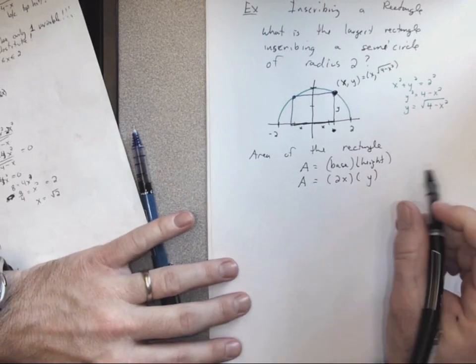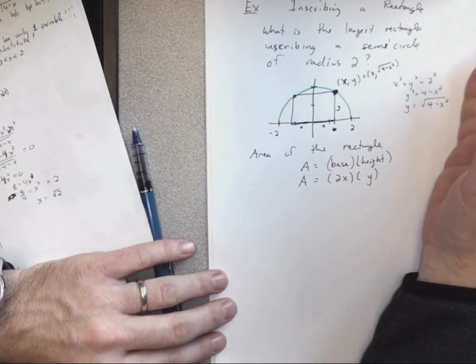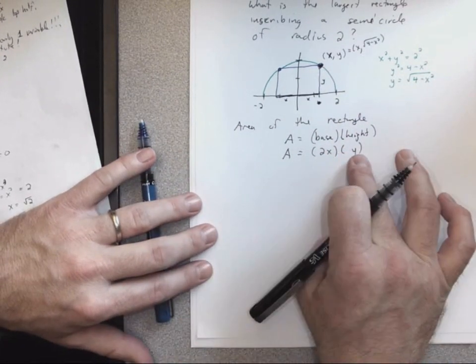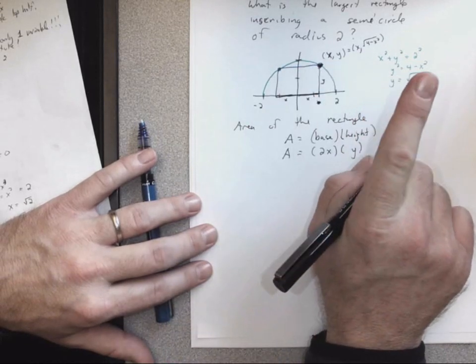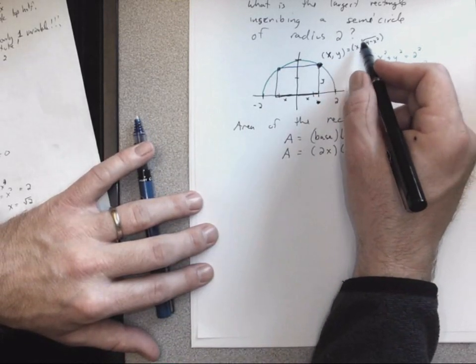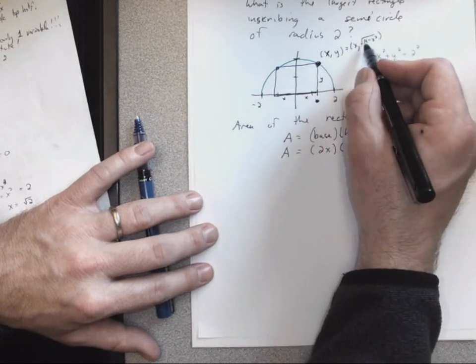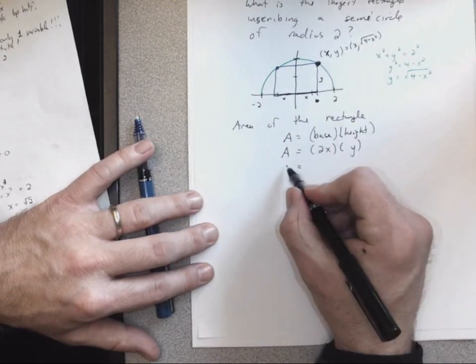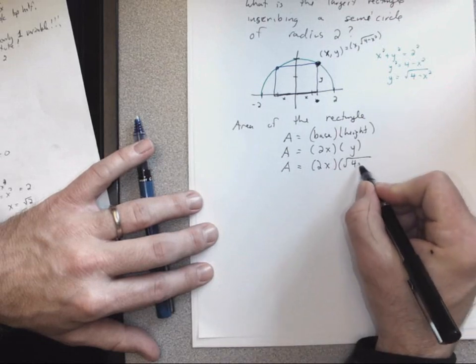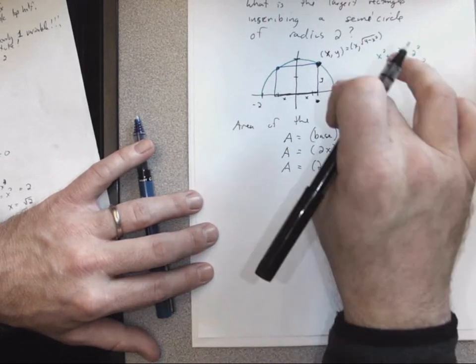The problem here is that I need to avoid having two different variables. I just want one variable. This point is x comma y, but y is this thing. So really, the area is equal to 2x times y, which is the square root of 4 minus x squared, because the y value is on the circle.